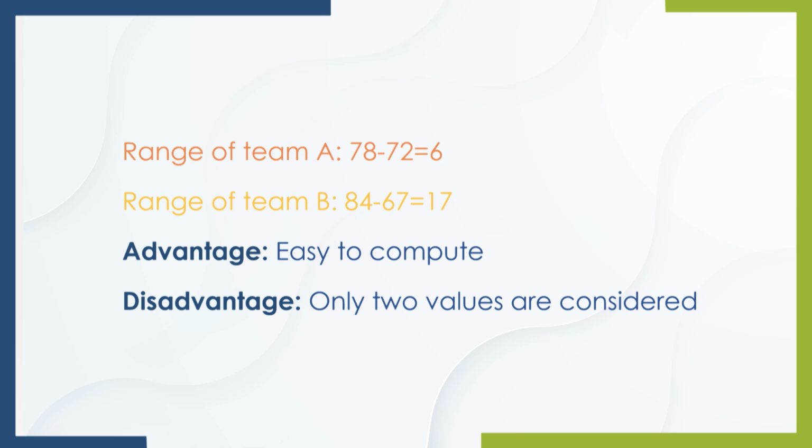For range, we have to calculate for team A and team B. Team A's range is the largest value minus the smallest value, which is 78 minus 72. We get 6 as the range for team A. Similarly, we get the range for team B equal to 17. The advantage is that it is easy to compute. The disadvantage is that only 2 values are considered.